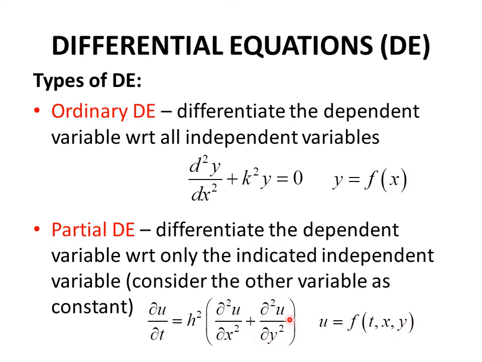Now in this term, we have the second partial derivative of u with respect to y only. So to get this derivative, we have to differentiate only the factor that involves y, because we have to consider t and x as constants.